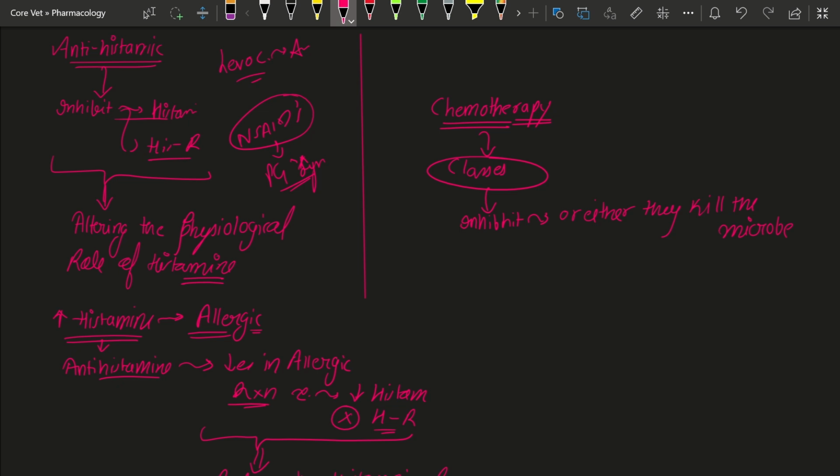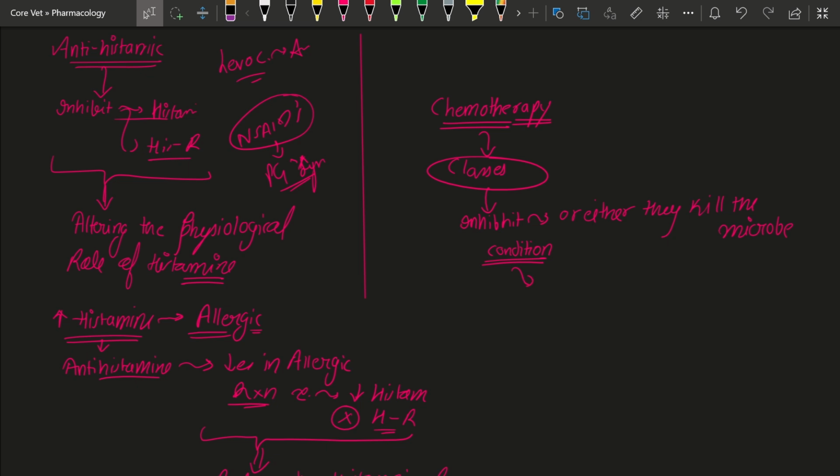So if there is an abnormal condition in the body, how are we going to counteract it? By giving a drug which will either inhibit the function of the microbe or kill the microbe. But one condition is there.